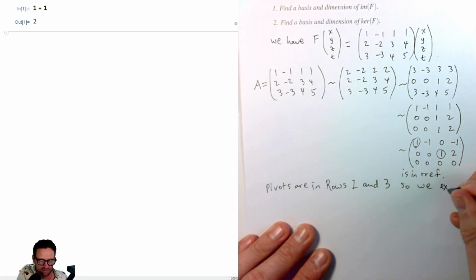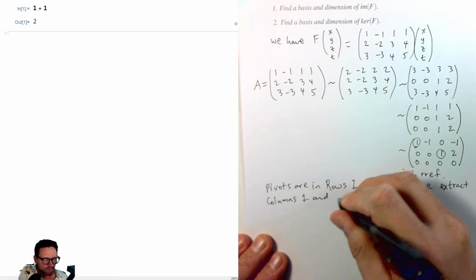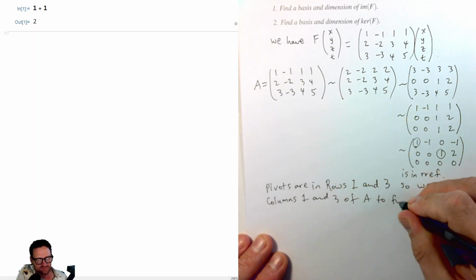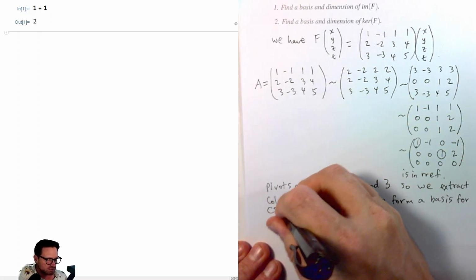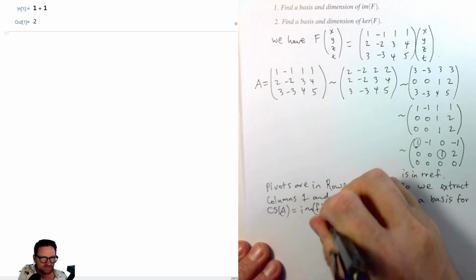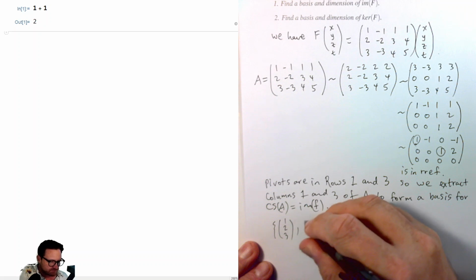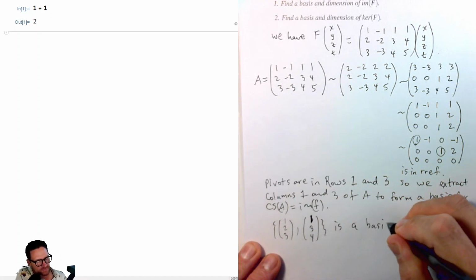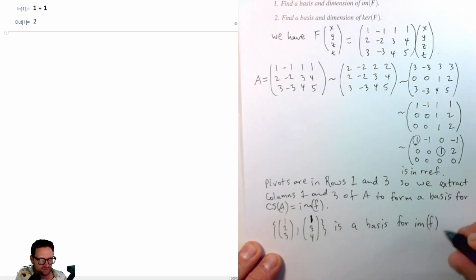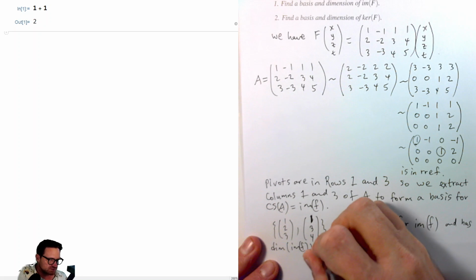So we extract columns 1 and 3 of A to form a basis for the column space of A, which is, remember, the image of the map F. Okay, so let's just say 1, 2, 3, 1, 3, 4 is a basis for the image of F and has dimension equal to 2.